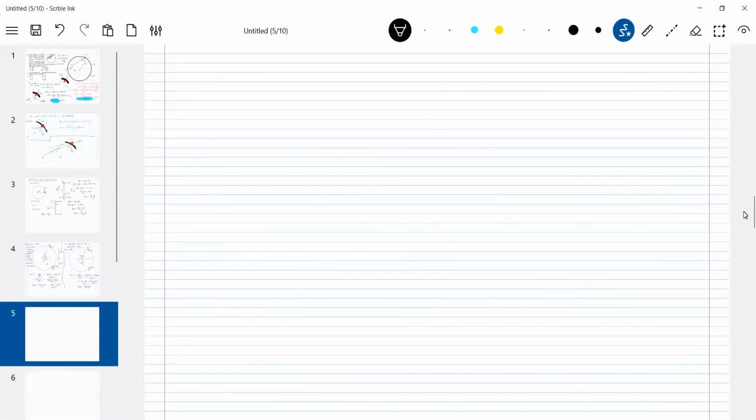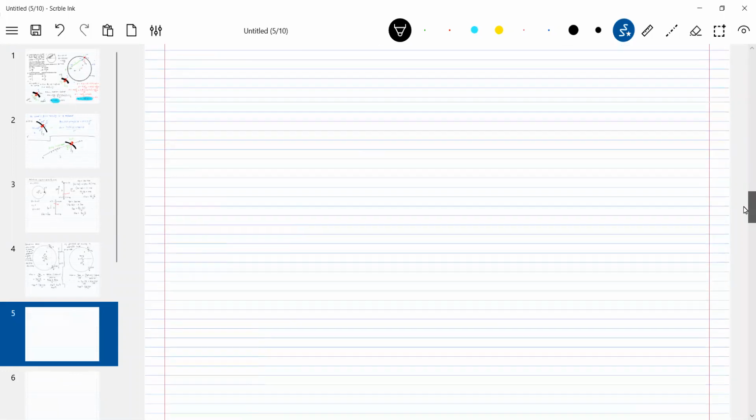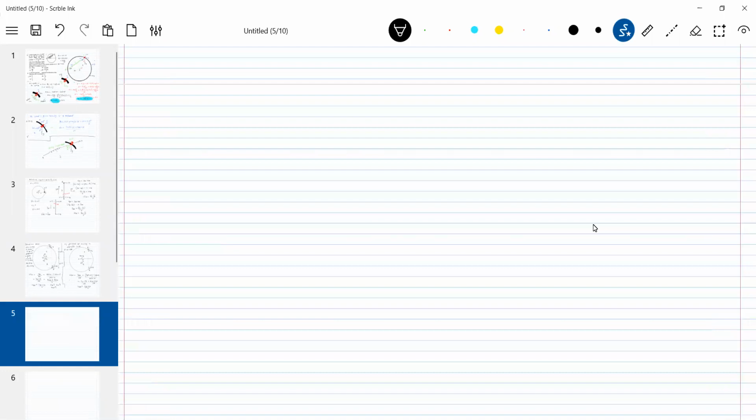Now let's see how they are going to ask the same questions in numericals. Now this is one. 10 meter per second, 30 degrees.